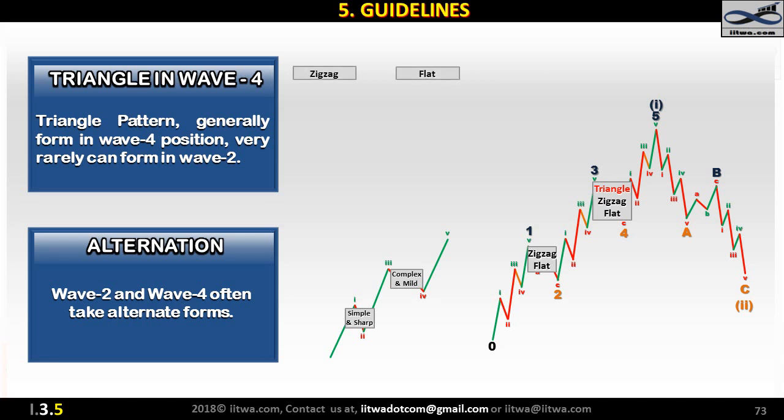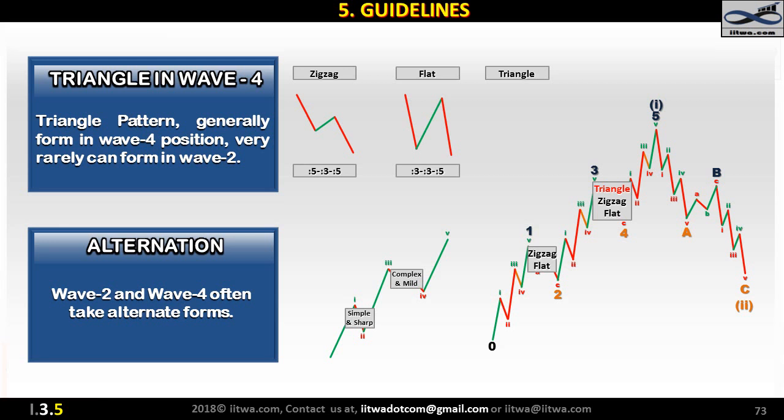zigzag, flat, and triangle. Zigzag pattern is composed of 3 smaller degree waves and has internal structure 5, 3, 5. Flat pattern is also composed of 3 smaller degree waves and has internal structure 3, 3, 5.